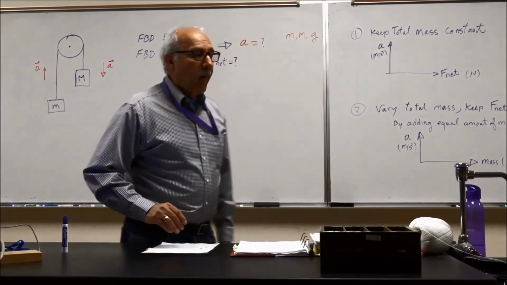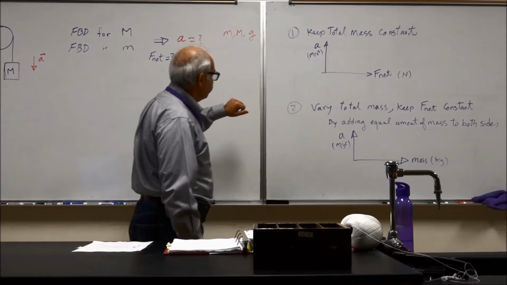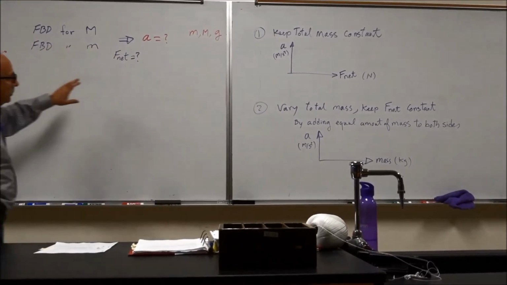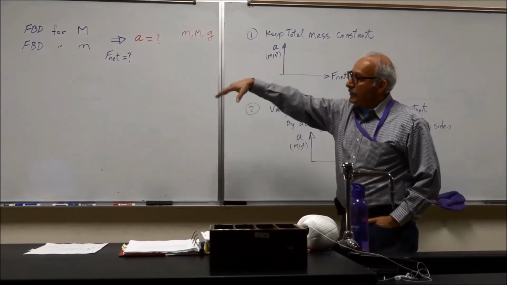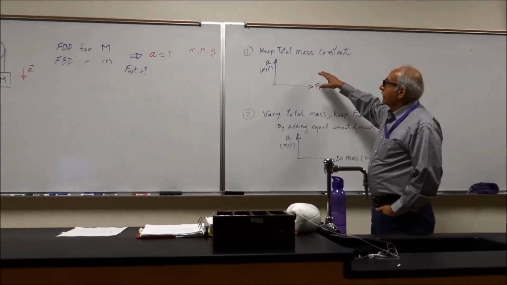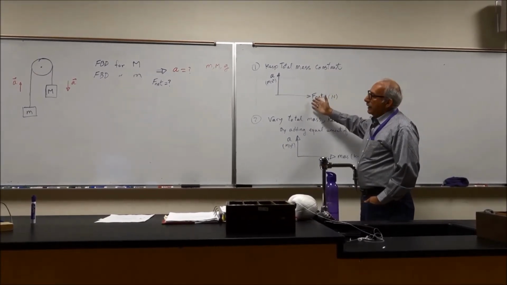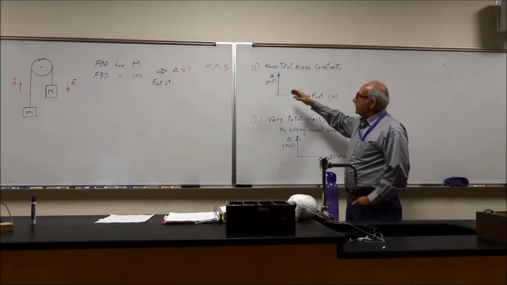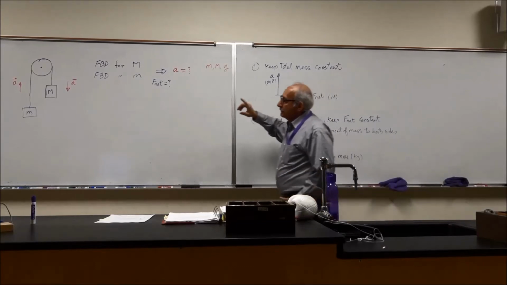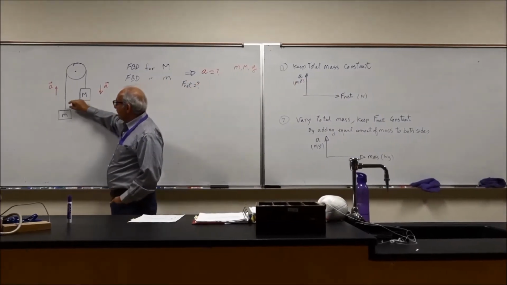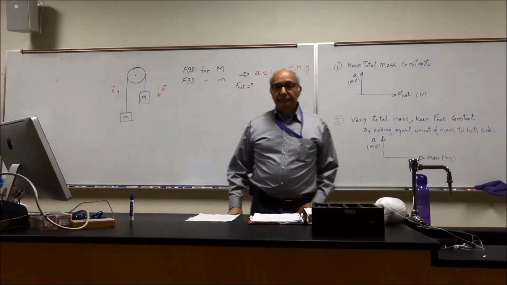Okay? Then, for the actual experiment, we are going to first keep the total mass of the system constant. And we are going to find out how the acceleration and F net are related by just taking a certain amount of mass from one side and adding it to the other side.